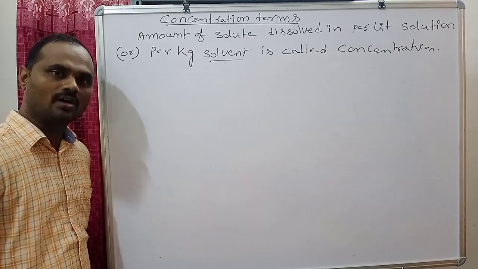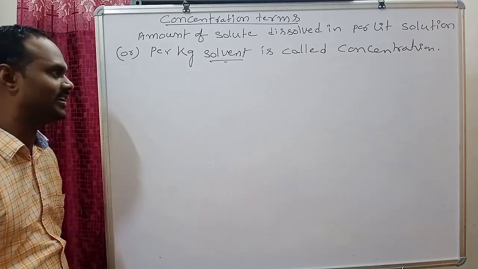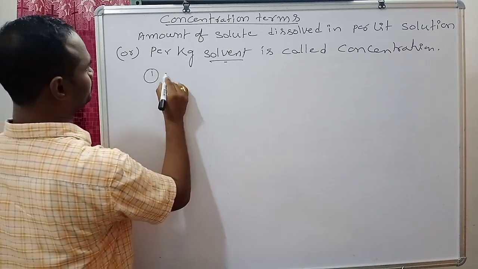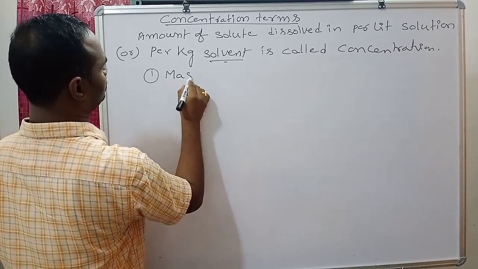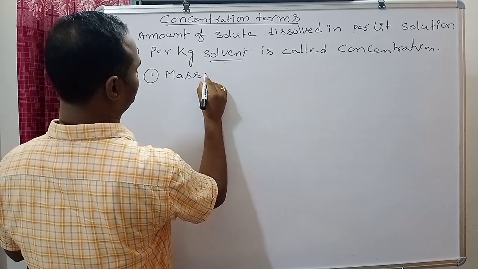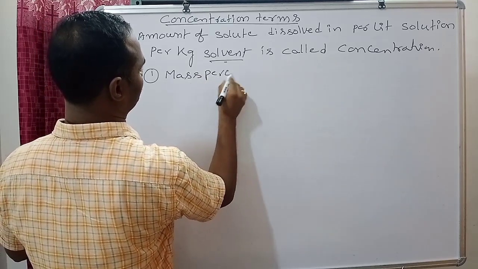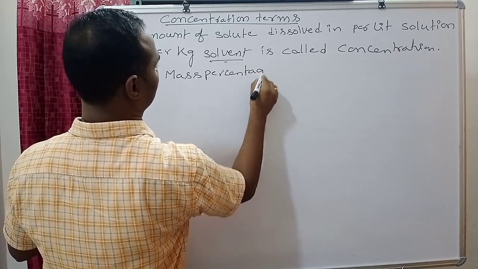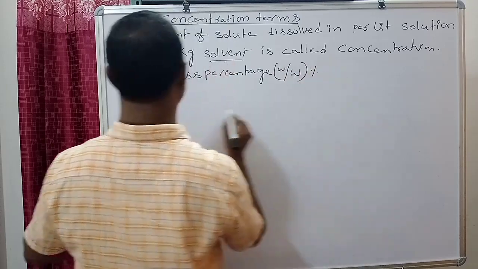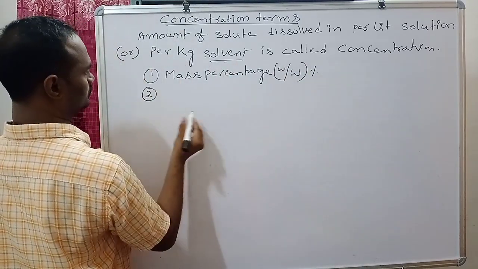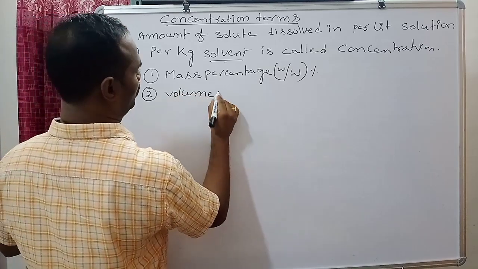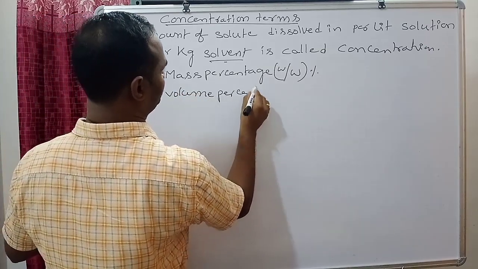To express concentration, so many methods are there. Those methods we have to see one by one by name. First, mass percentage. Volume percentage.